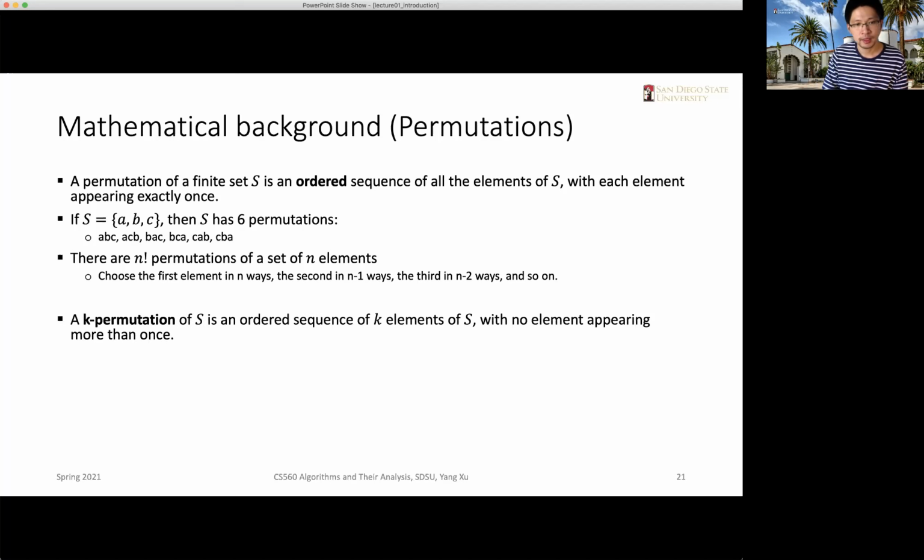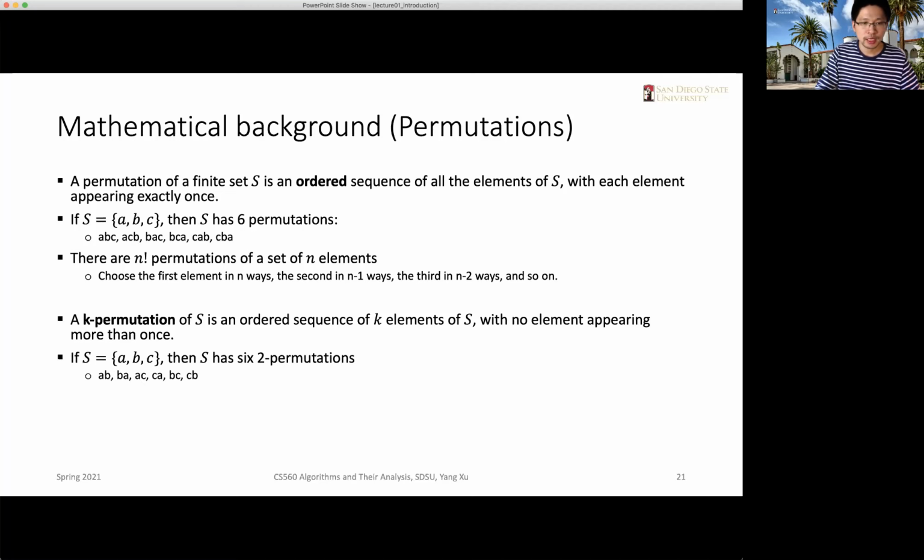And a k-permutation is basically a subset of the permutations. We are not choosing all the elements to reorder, but just a small subset: we're choosing k out of n, with the same constraint that each element only appears once.